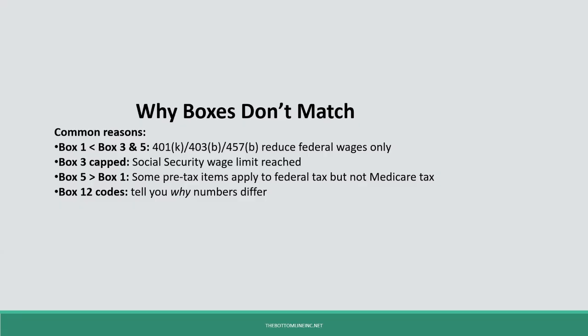If box 5 is greater than box 1, it's because some pre-tax items apply to the federal but not to Medicare. And then box 12 gives us the reason why. It'll tell us, hey, they have deferred child care, they have deferred retirement, they have an HSA. So all the box 12 codes will tell us why.